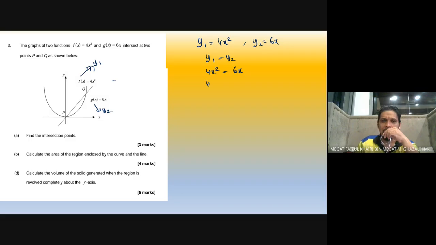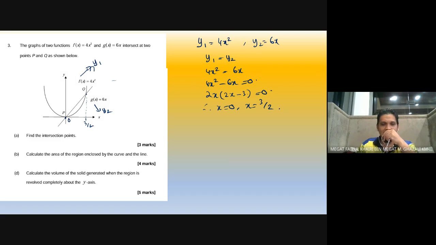So 4x squared minus 6x equal to 0. Factorize this, divide by 2, you get 2x times (2x minus 3) equal to 0. 2x times 2x is 4x squared, and 2x times negative 3 equal to negative 6x. So we get x equal to 0 and x equal to 3 over 2.